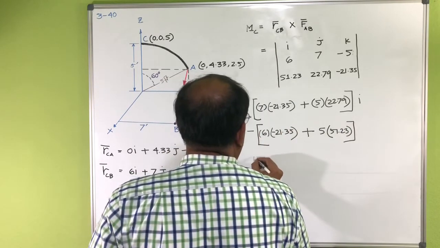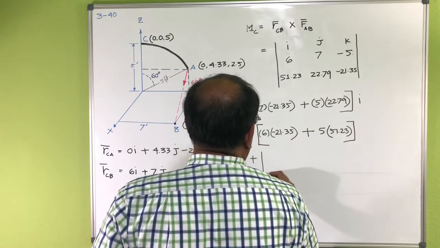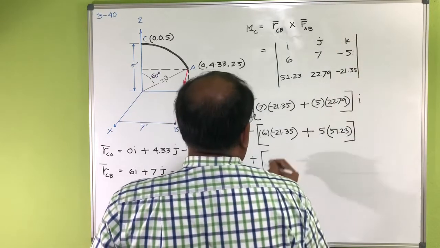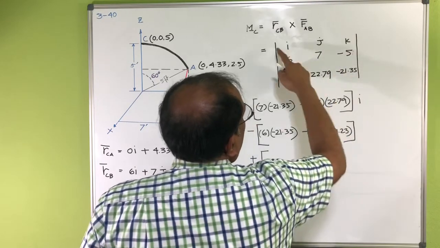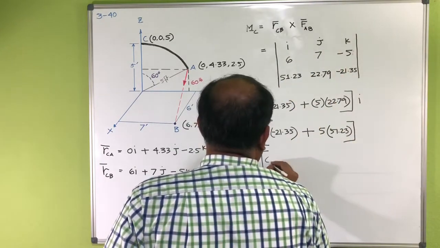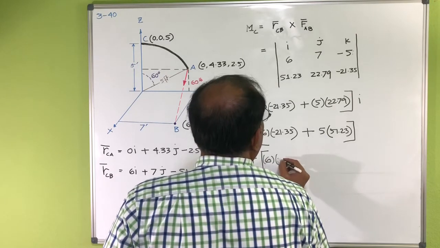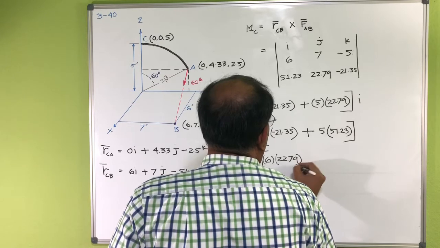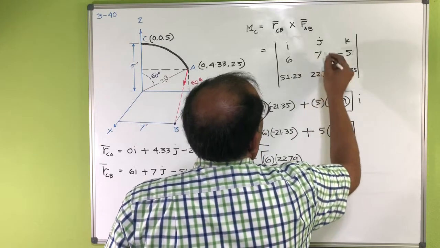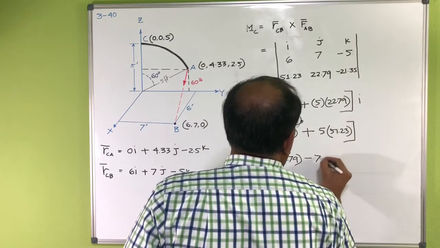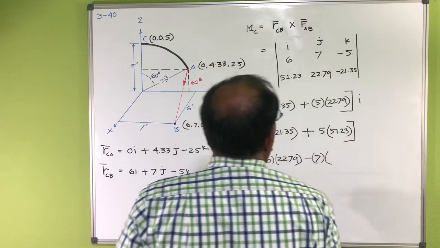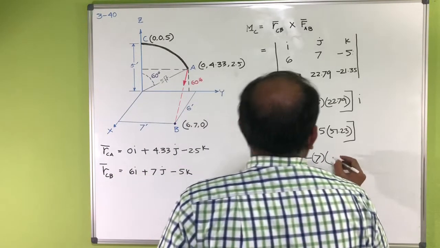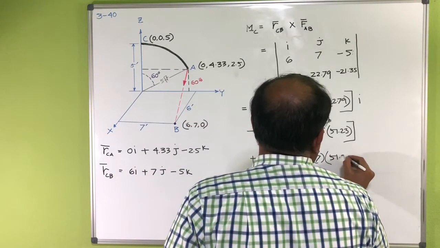And then for K, you can see we have to just cancel this one, so 6 into 22.79, okay, minus 7 into 51.23.